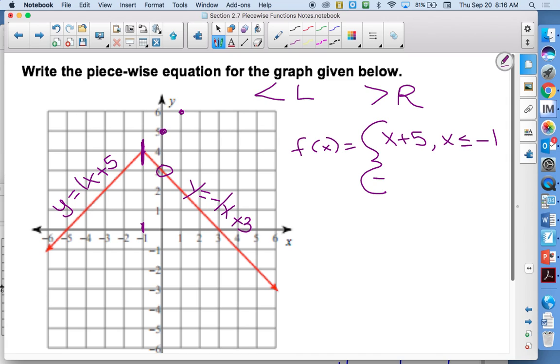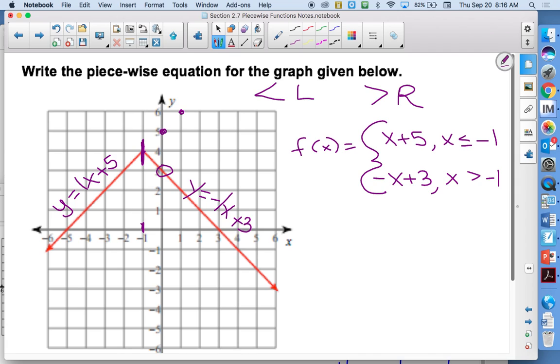So there's a negative x and then plus 3. That is also at -1, but it's moving to the right, so it's greater than. And you can't say greater than or equal to because then it wouldn't be a function. So it's just greater than. One gets the solid circle, the other one doesn't.